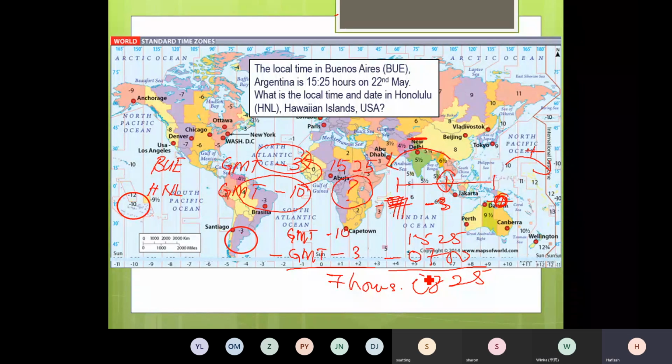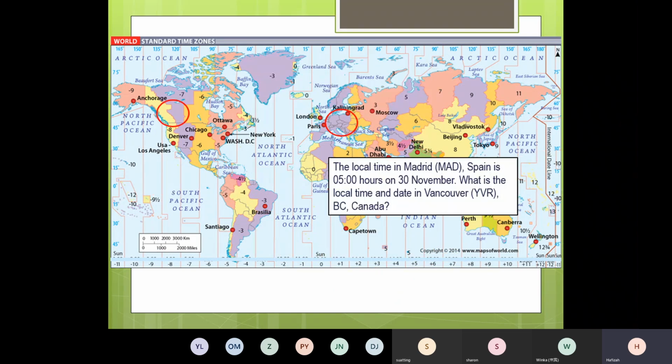Okay, this shows how you either gain a day or sometimes skip a day. It also shows you a different time, so you can see the calculation here. Another one is Madrid and Vancouver.